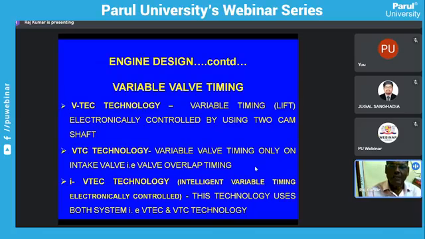Valve overlapping means the intake valve is open and the exhaust valve is not yet closed, so both the intake and exhaust valves are open. How long it is open, if controlled, lets us control the pollution. So this is called VTC technology. And the third one is the mixture of both, VTEC and VTC. We call it intelligent VTEC technology, where we use both technologies.